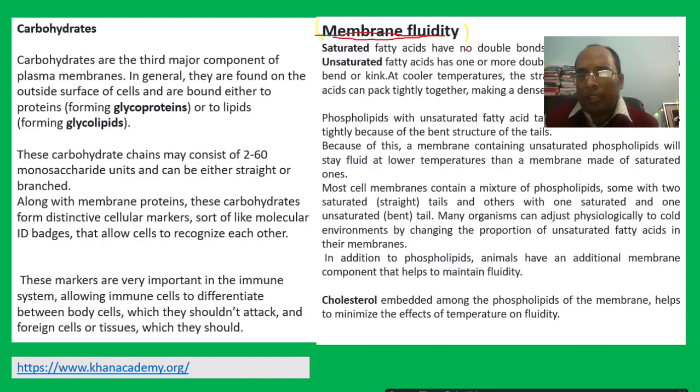So there are two types of phospholipids. One is saturated phospholipid, another is unsaturated phospholipid. Saturated phospholipids have a very smooth tail, that is not bent like unsaturated fatty acids. The tail of unsaturated fatty acids is bending like this.